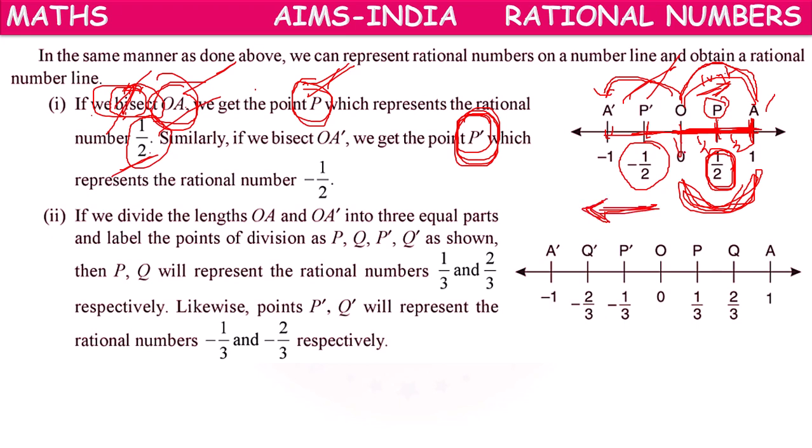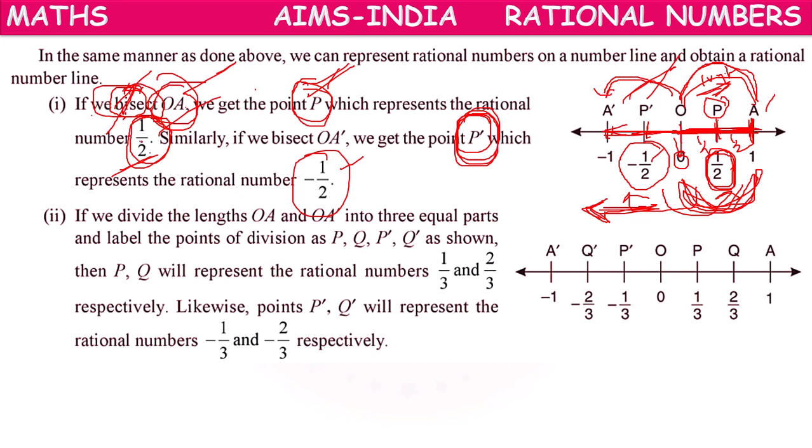So whatever values are on the left hand side of 0, all will be negative. So that's why we take it as minus 1 by 2. On the right hand side 1 by 2, on the left hand side minus 1 by 2. Like this, we can represent positive rational numbers and negative rational numbers on the number line.